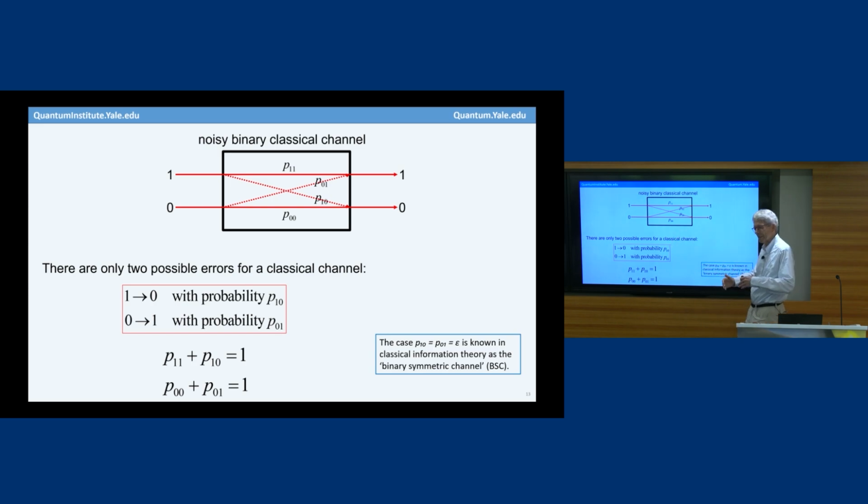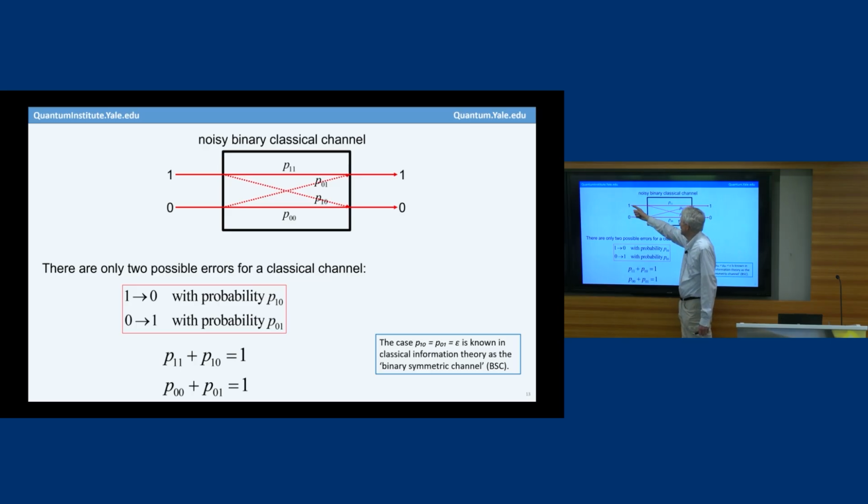But randomly, each time, this is a model that he made. The model is that each time you send a 0, there's a probability p00 it'll come out as a 0, and a probability p01 it'll come out as a 1. So you can think of this transition as a bit flip from 0 to 1.